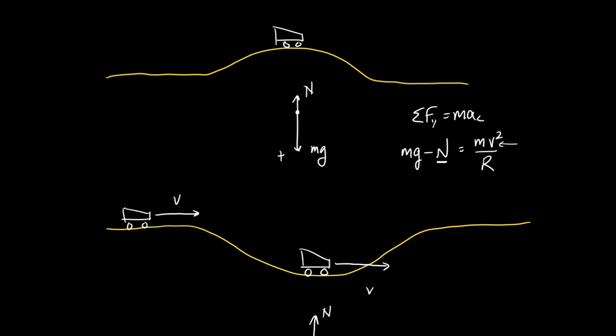Do you understand that you are taking something away from the weight here? Right? You see that. The value on the left is less than the weight. You have limits here. If you go too fast, the normal force will go to 0. Right? The faster you go here, the bigger this side has to be. The biggest the left side can be is when the normal force is 0.